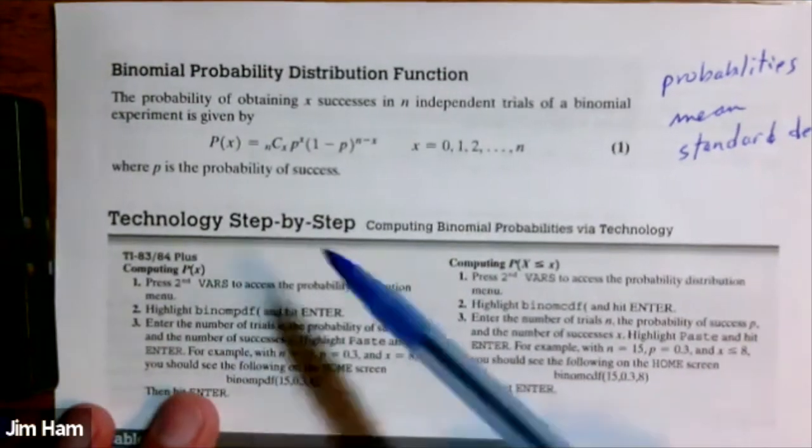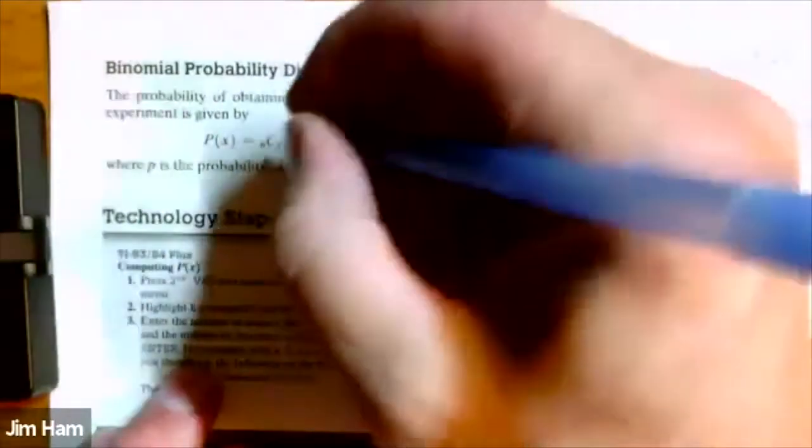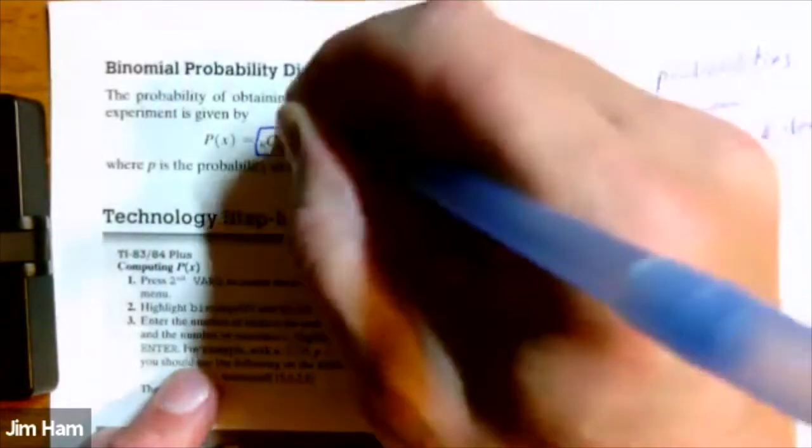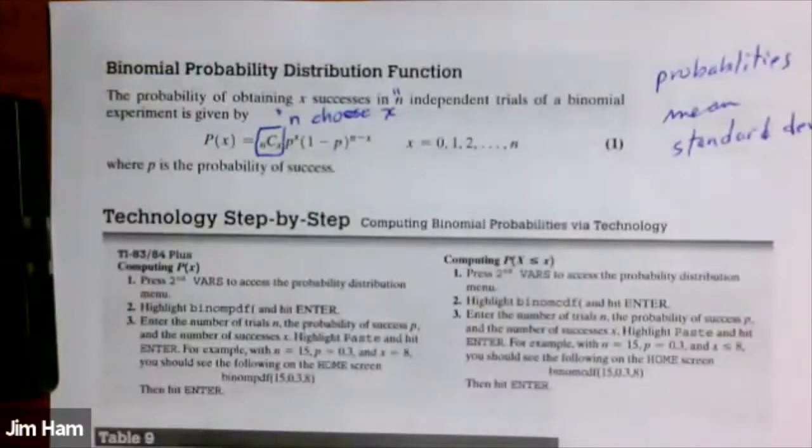And so I wanted to give you this formula here. This one right here is n choose x. It's a mathematical formula that identifies a way to count the number of possible outcomes or possible configurations. We call them combinations.